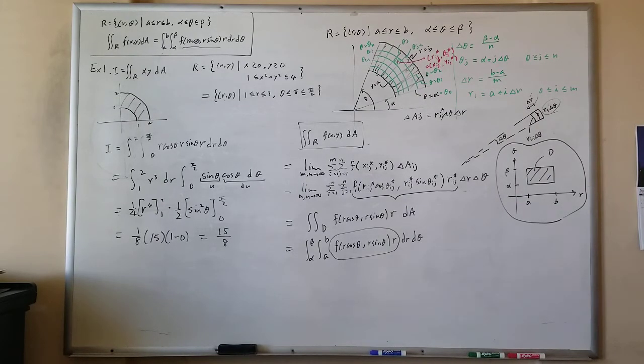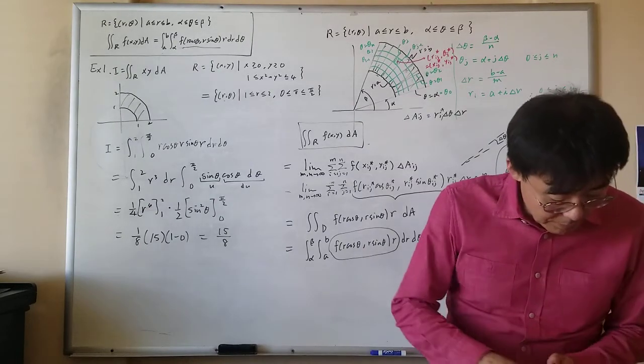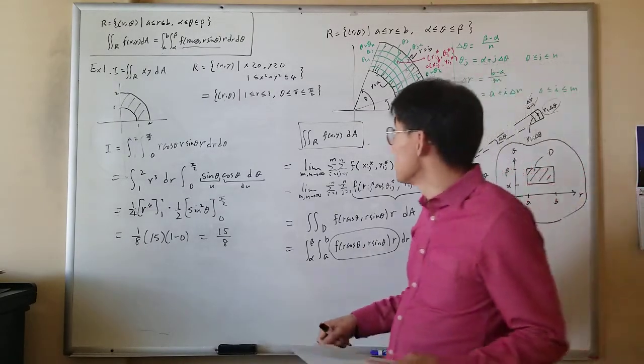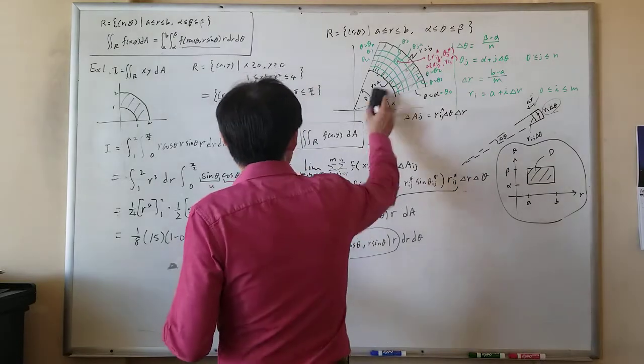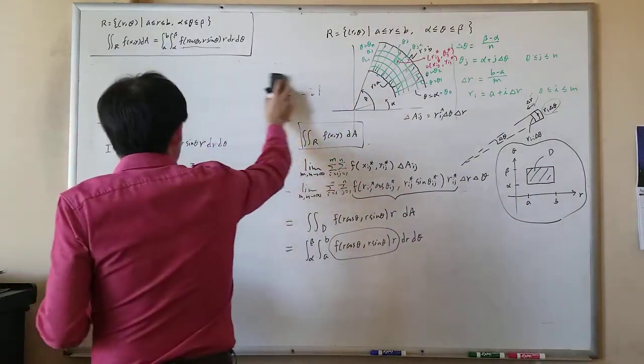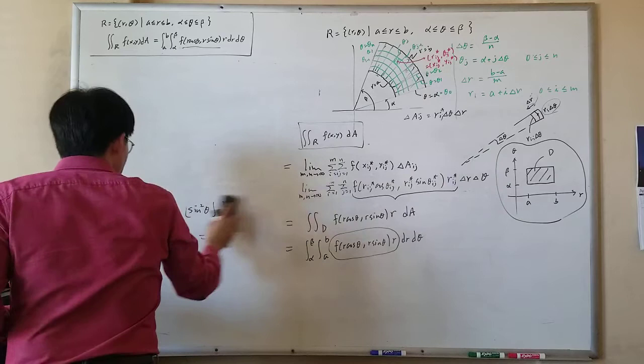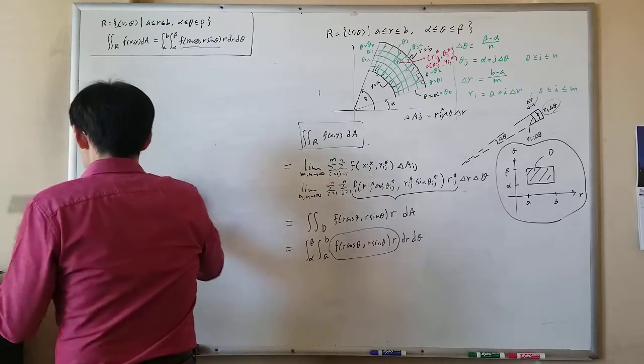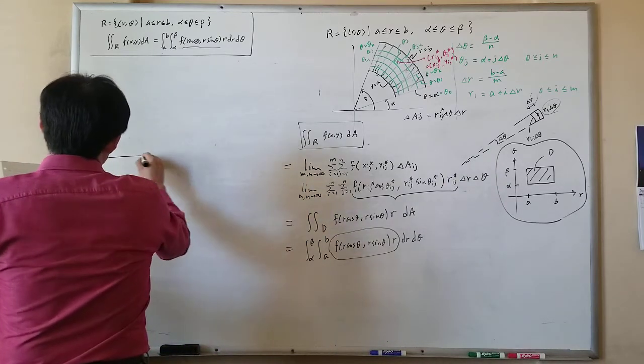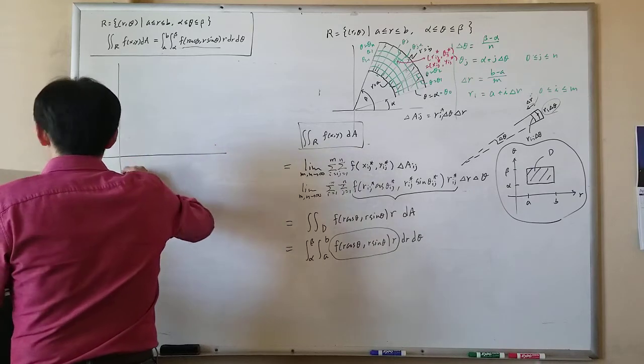Alright. Now, what if your domain is not exactly a polar rectangle, but something like this? This is so-called type 2 in our theta.